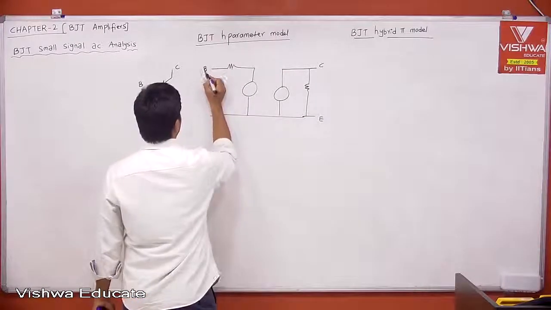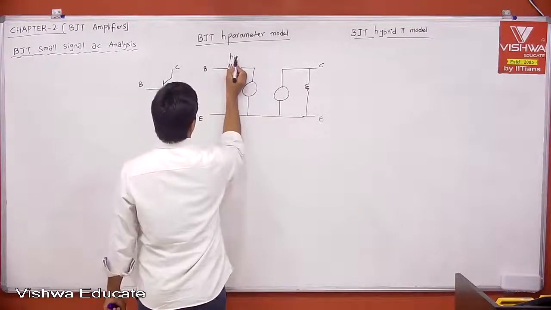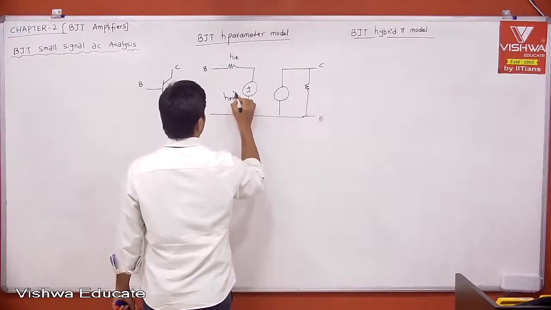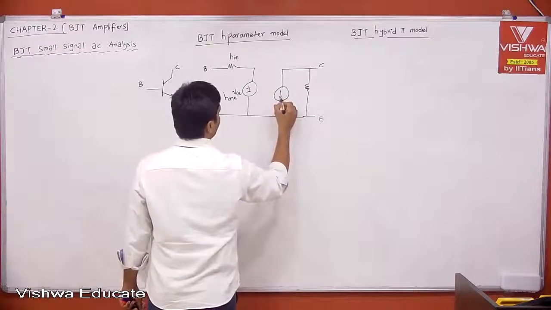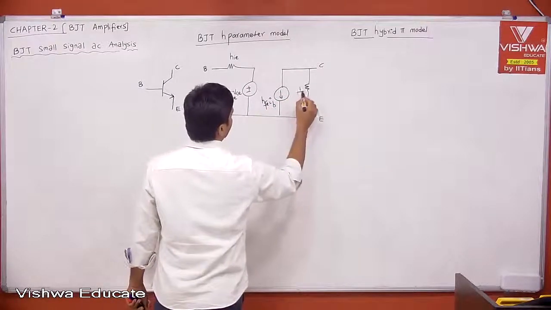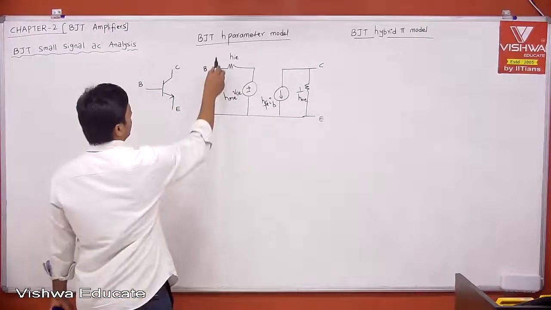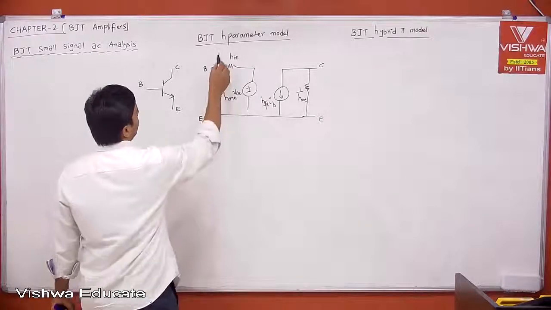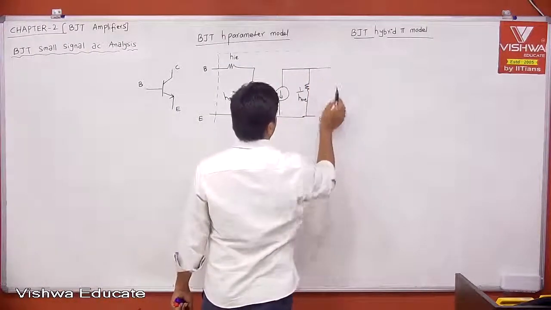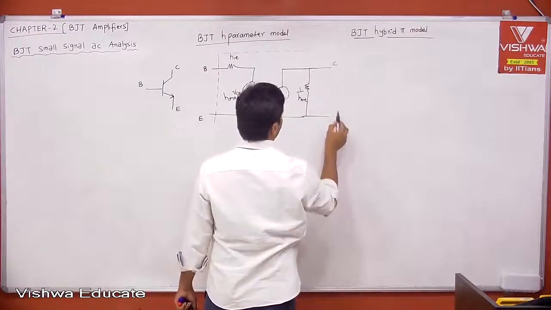This is base and then emitter. This is HIE, this is HRE into VCE, this is HFE into IB, and this is 1 by HOE. This is our equivalent circuit. This is collector and then emitter.